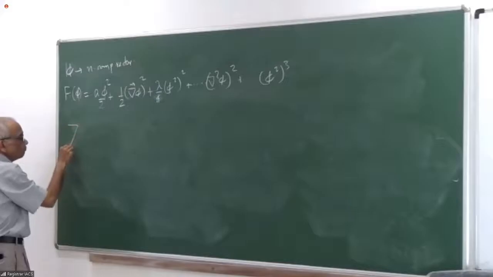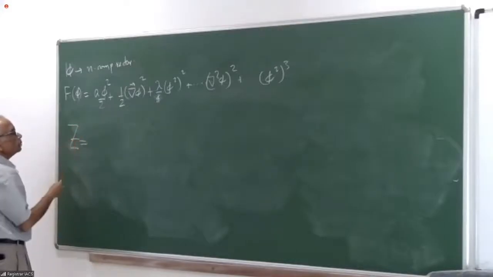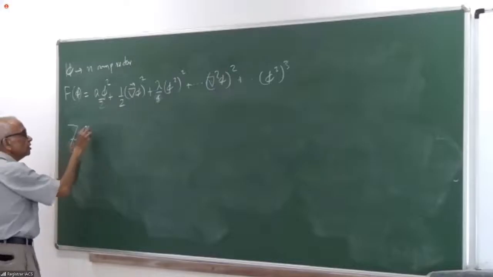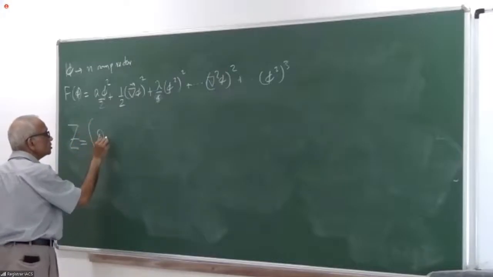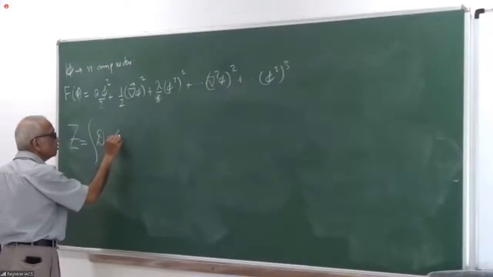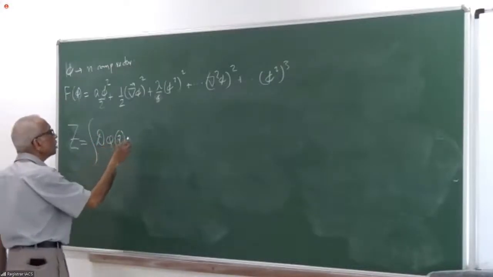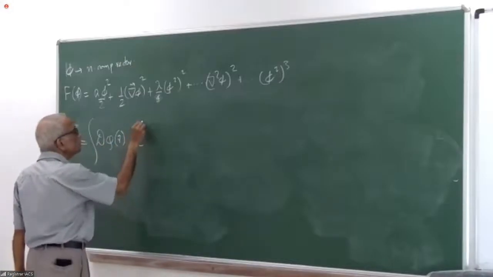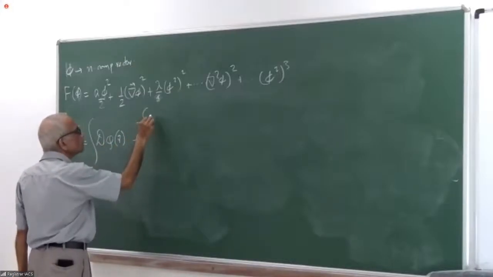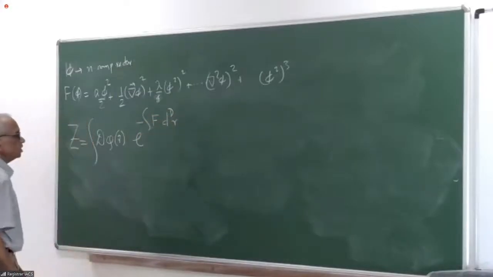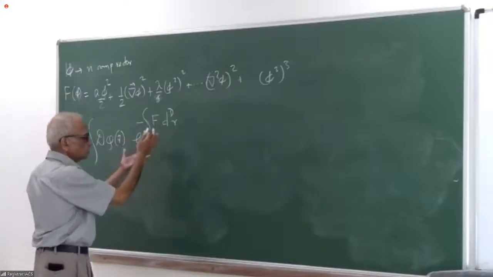So what does the problem reduce to? The problem reduces to the calculation of this partition function, which is a functional integral, which means I have to integrate over all functions phi, of e to the power minus f in general d^d r. And so this is the general structure.